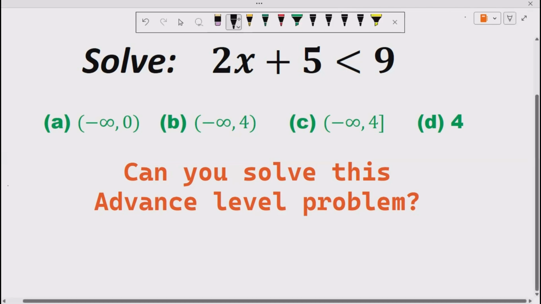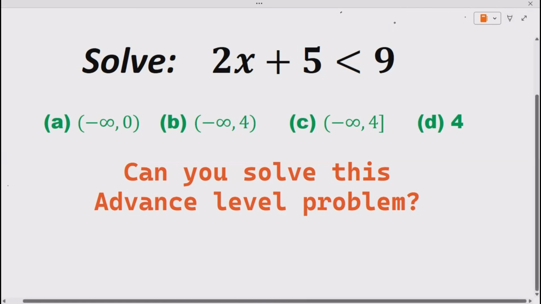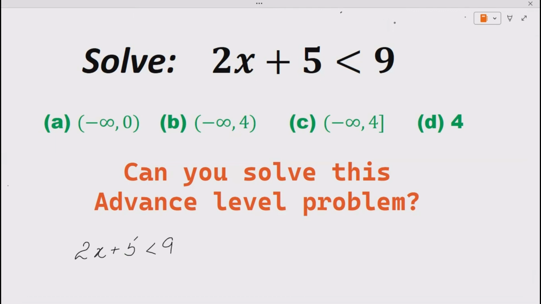Okay, so let's start. We are given an inequality which is 2x plus 5 less than 9. Always remember that the rules of inequalities are not the same as the rules of equality. There are different situations in which equalities and inequalities behave differently.